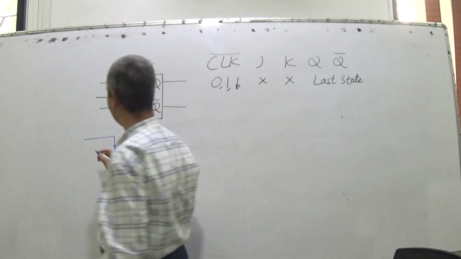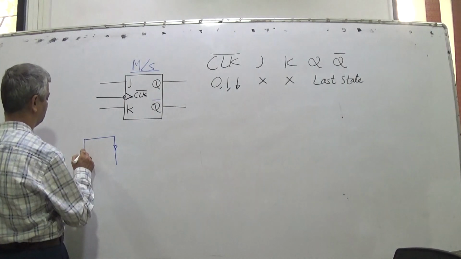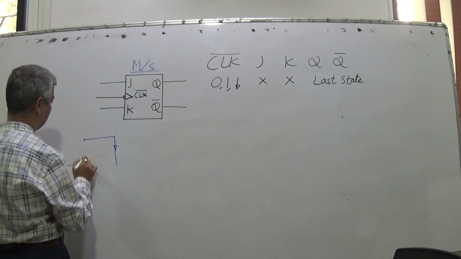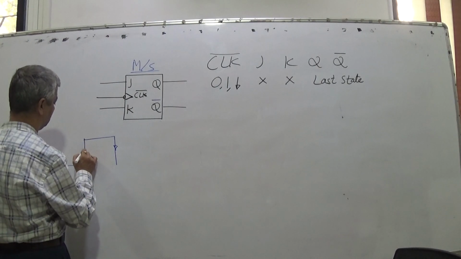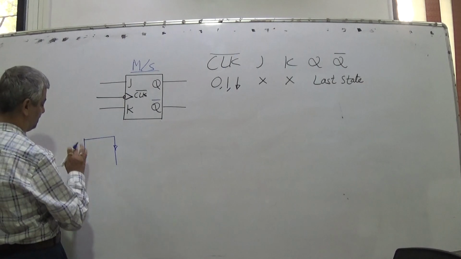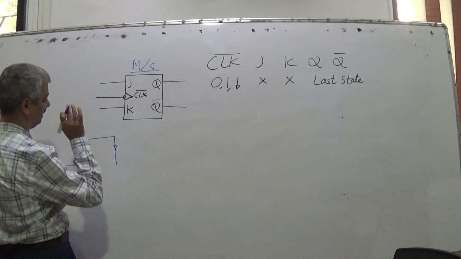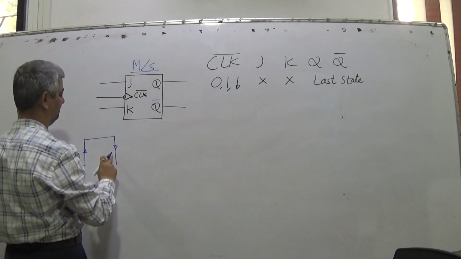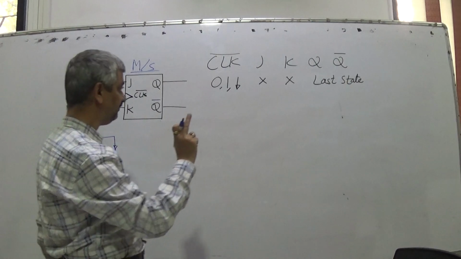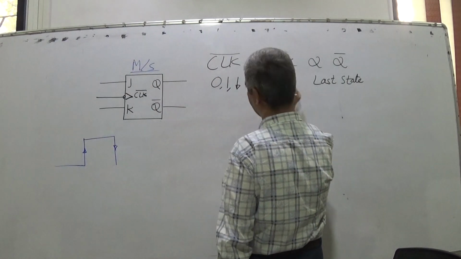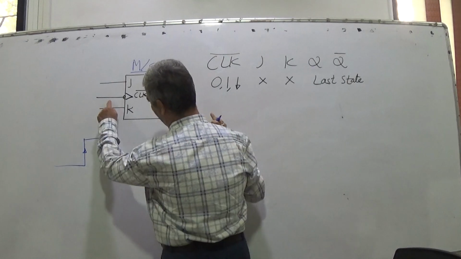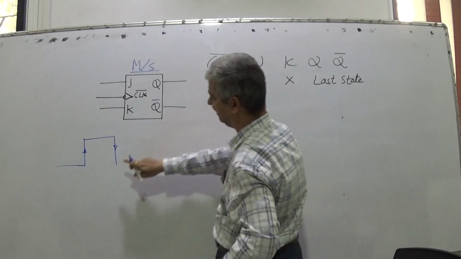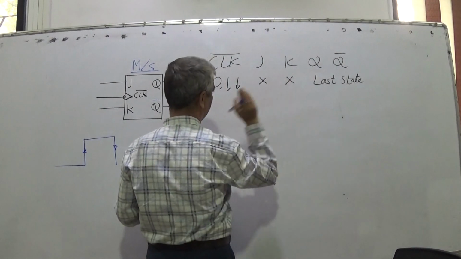So whatever the inputs were at the time of the rising edge are considered by the master inside, and that is copied by the slave at the time of the falling edge. So J and K inputs at the time of the rising edge of the clock are considered, and the outputs are modified at the falling edge depending upon the J and K combinations.